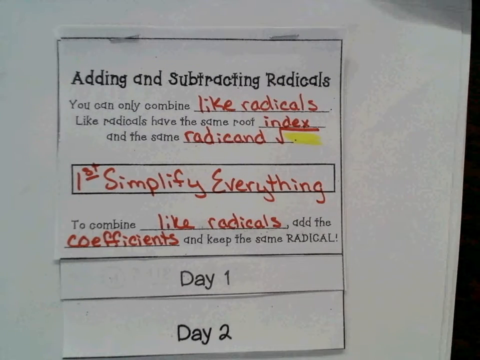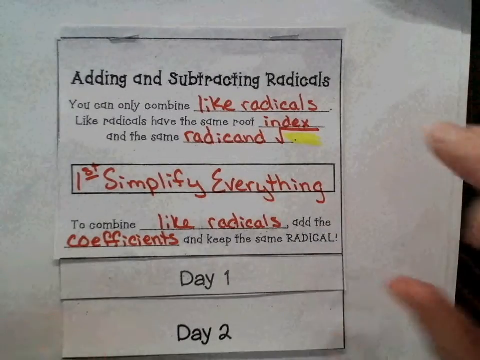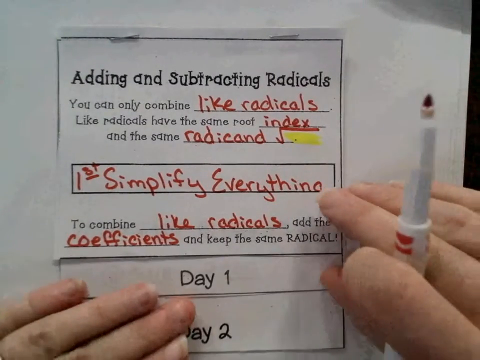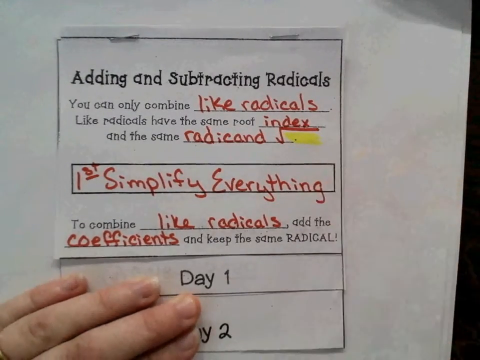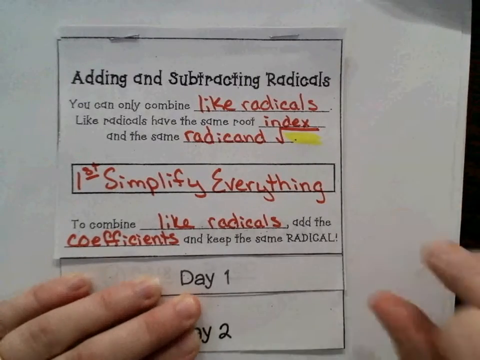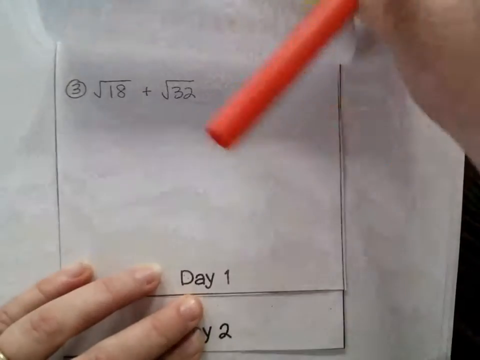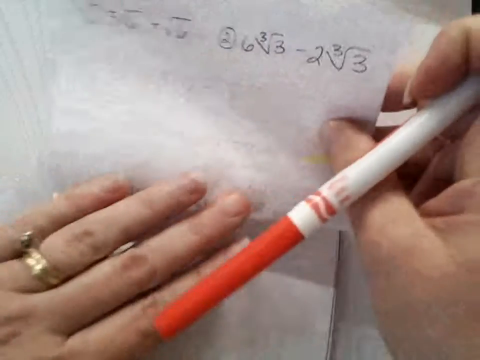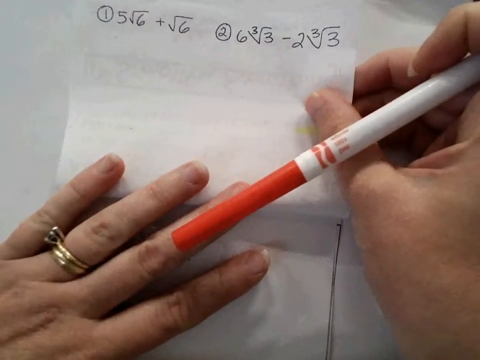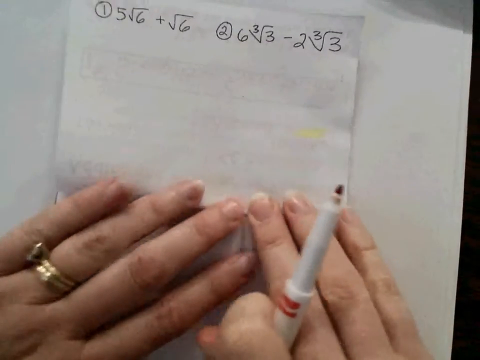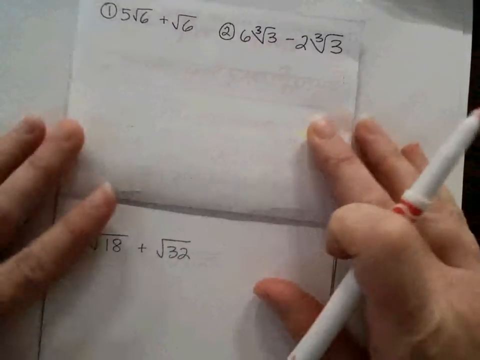What you start with after you've simplified is what you should end with in your problem. I believe we have 3 problems here for day 1, and then we'll put a couple more in our notebook also.